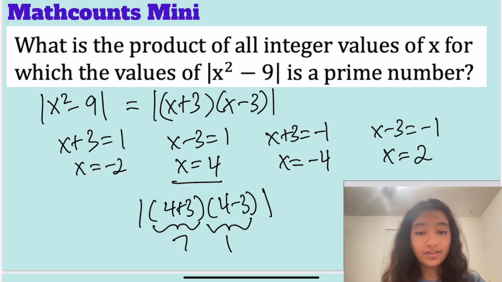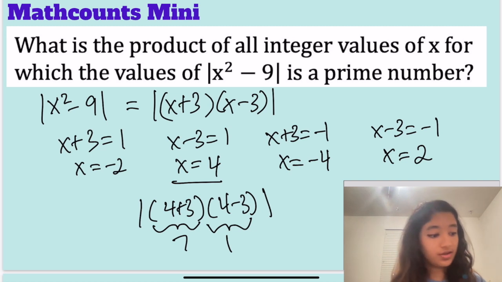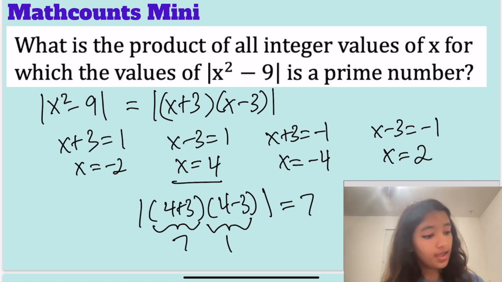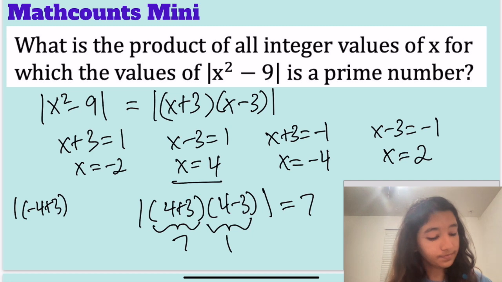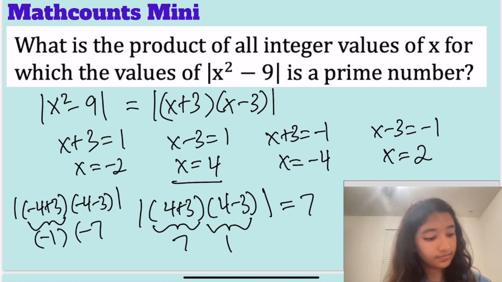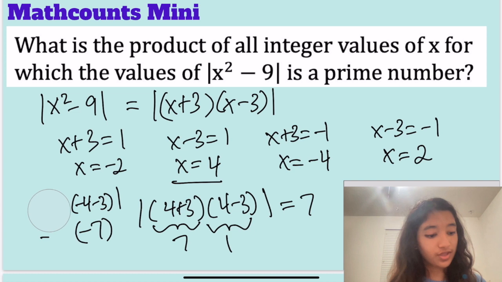So since we have 7, which is a prime number, times 1, that means that we'll get another prime number. And if we plugged in, let's say, negative 4, then we'd have the absolute value of negative 4 plus 3 times negative 4 minus 3. So that's negative 1, and that's negative 7. So we see that's also equal to 7.